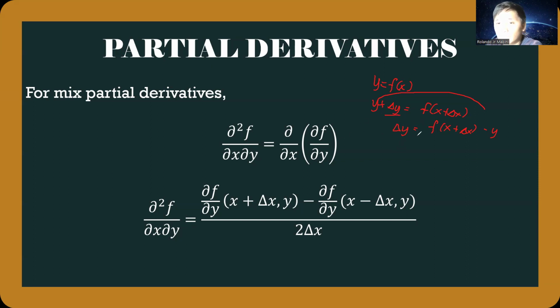And then if we are going to substitute the value for y, which is the function of x, therefore our equation would become f of x plus delta x minus, this must be a function of x. So by the law of algebra, what you do in the left side you must do also on the right.